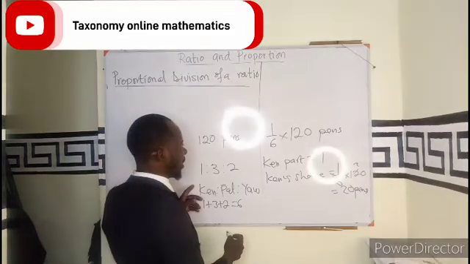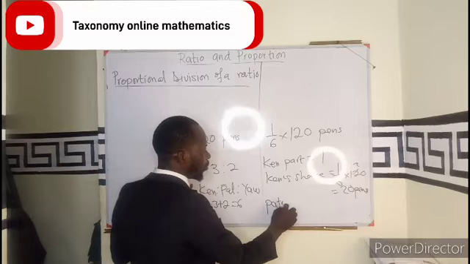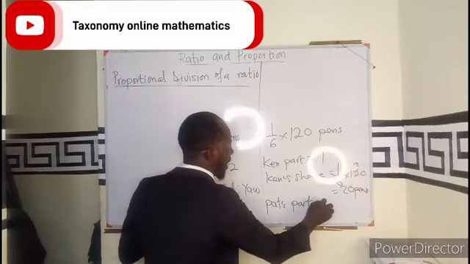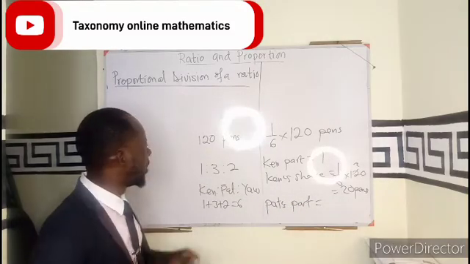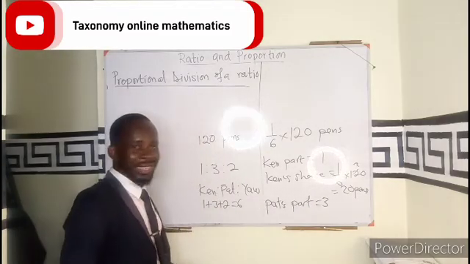Then I'll be having that of part. The part of part from this division is going to be 3. So part is going to be 3.